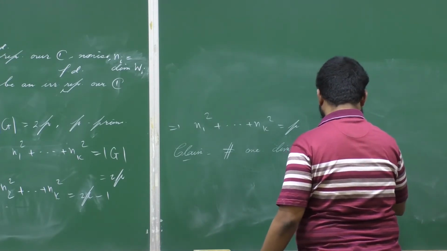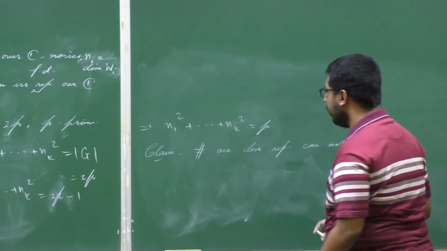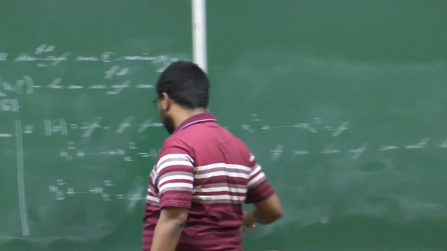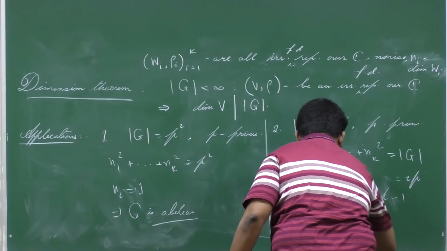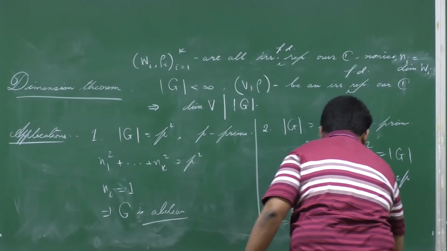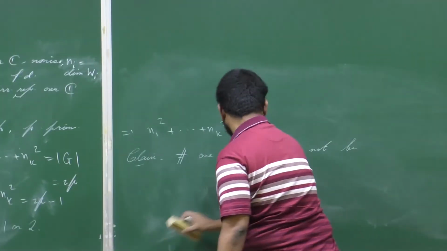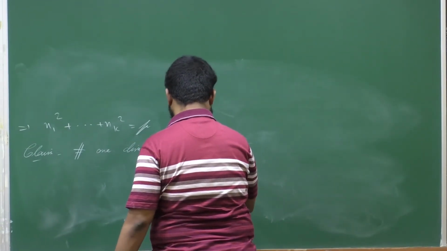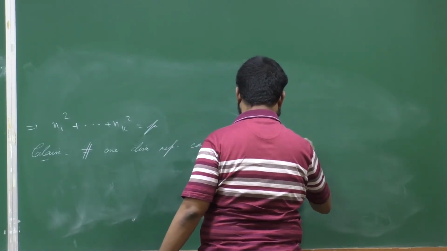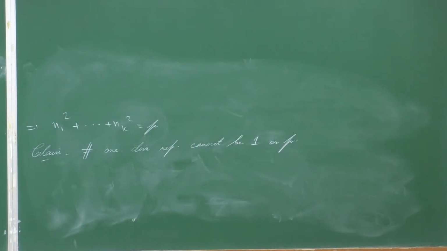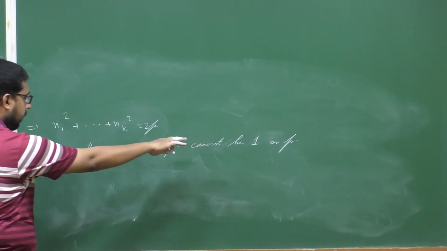cannot be, as I said, each ni is either 1 or 2 here. So the number of representations cannot be 1 or p, right? Because if so, let us take the first case.